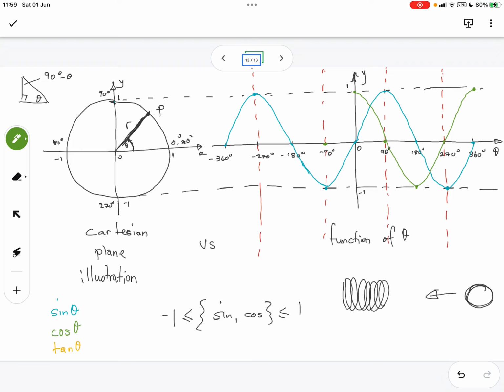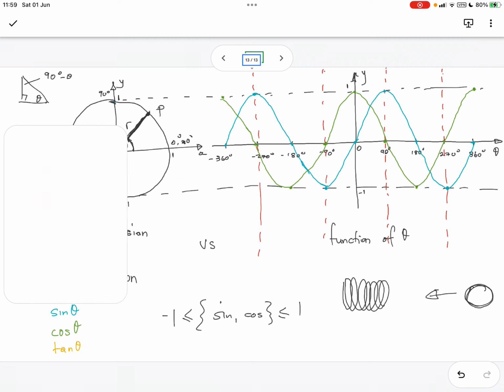At negative 180, cos goes to negative 1. At negative 270, cos goes to 0. And then again at negative 360, cos goes to 1. So then our wave rather curves something like this. Again, not straight. Always curving there.